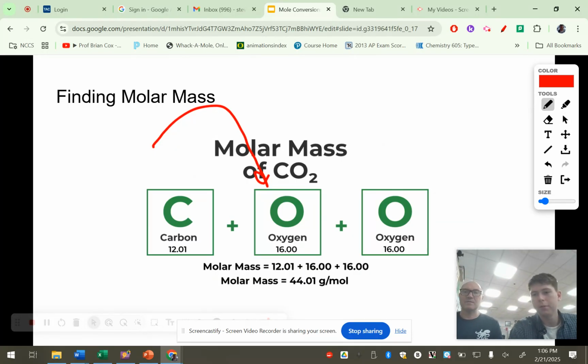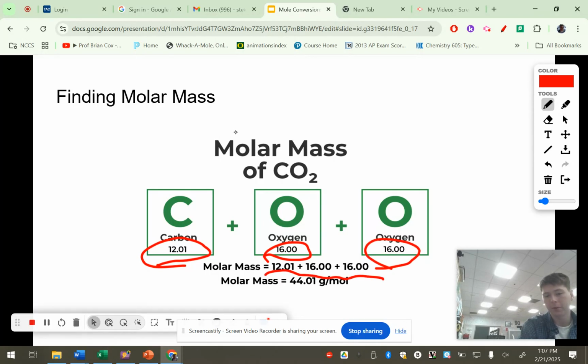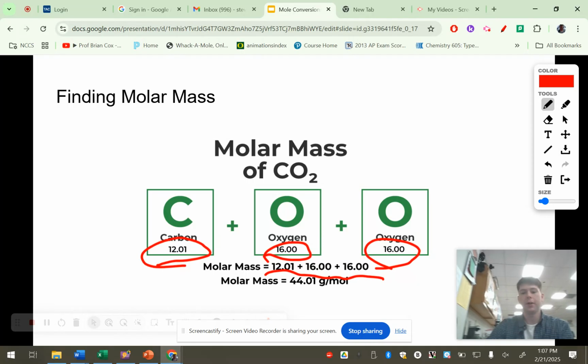If you remember what molar mass was, like if you look at CO2 here, you're just taking the mass from the periodic table. Carbon is 12, oxygen is 16, but we have 2 of them, so 16 times 2, and you add them all up to get your molar mass, which for CO2 is 44. You'll need that when going from moles to grams: you multiply moles times molar mass to get grams.